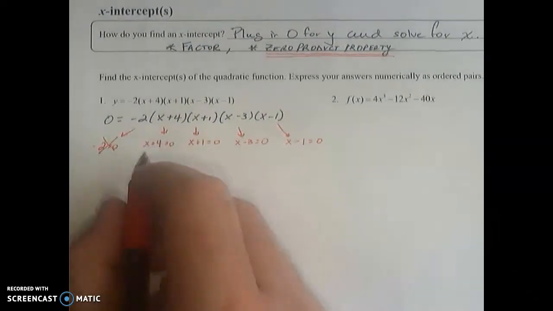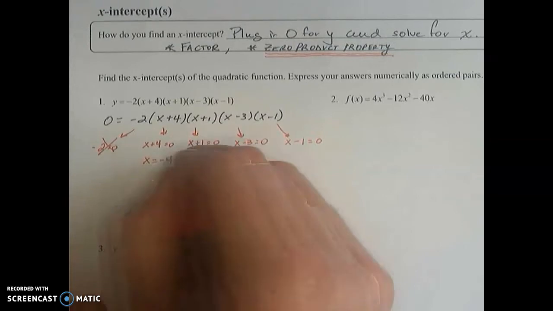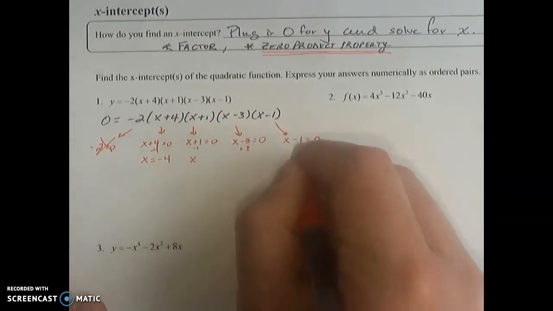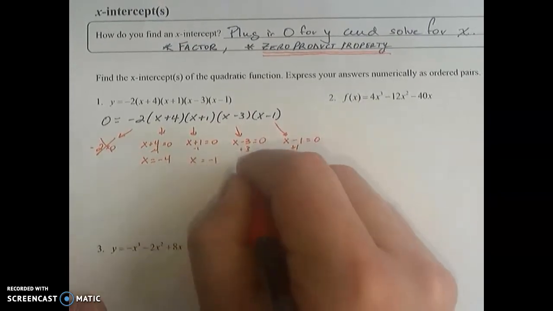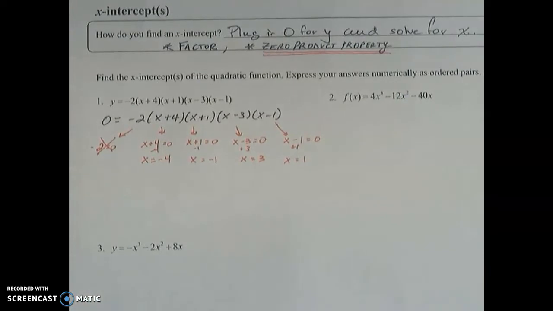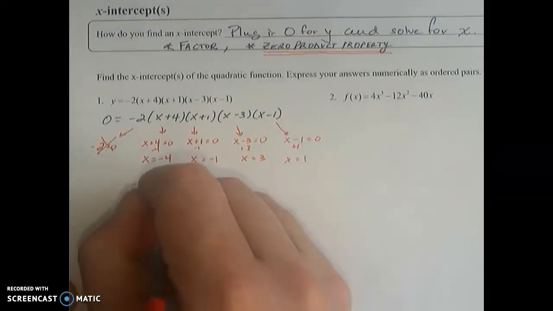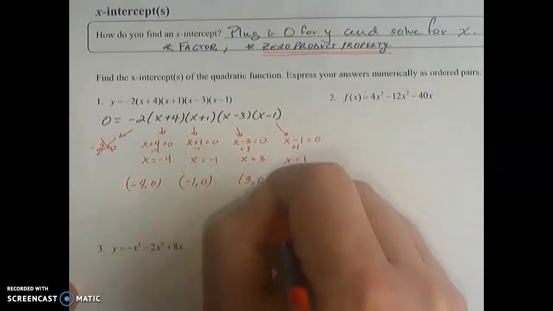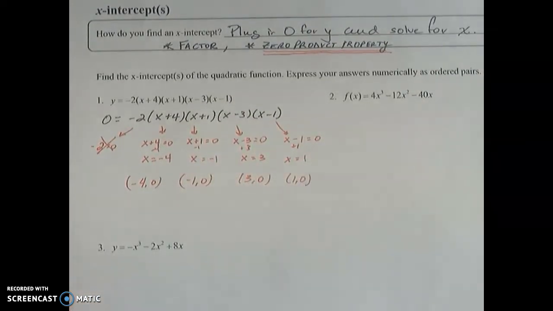But we do some simple algebra here. Subtract 4, subtract 1, add 3, add 1. We will get, in this case, 4 x-intercepts. We can list them as coordinate points. And that's how we would find our 4 x-intercepts in this case.